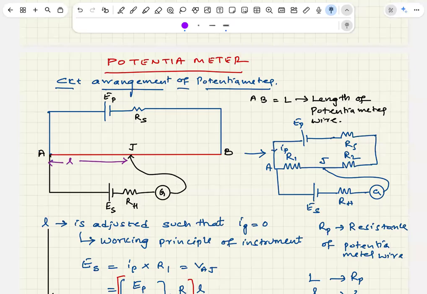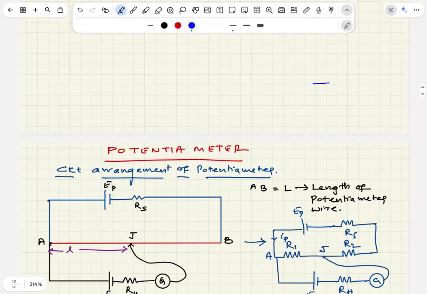It's like some resistance between A and J, remaining resistance like this, and the lower side also another side. You are dividing it like a circuit which we already studied earlier.